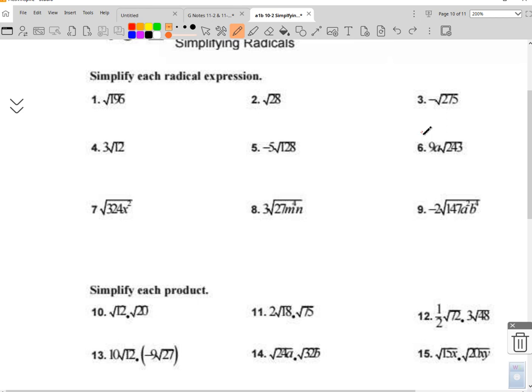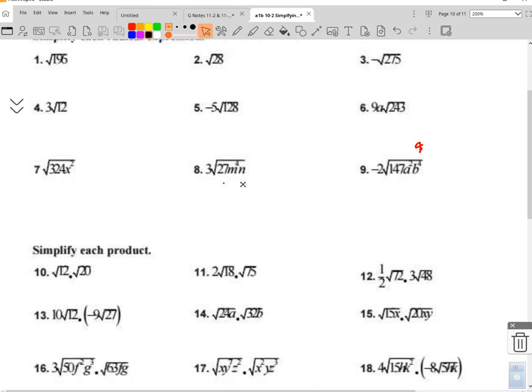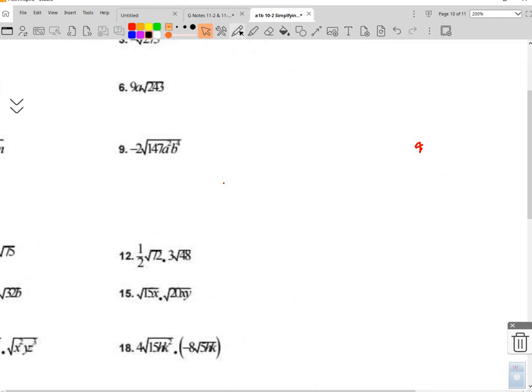something like this one. All right, so let's do this one here. So 9a, it's similar. It's not exact. Let's do this one. So let me move it so y'all can see it. Make it bigger. So is this example 8? 9a square root of 243. All right. So there's 9 times a times the square root of 243.